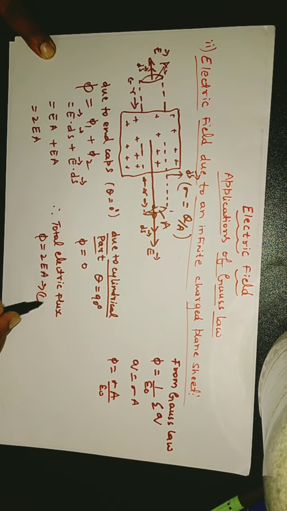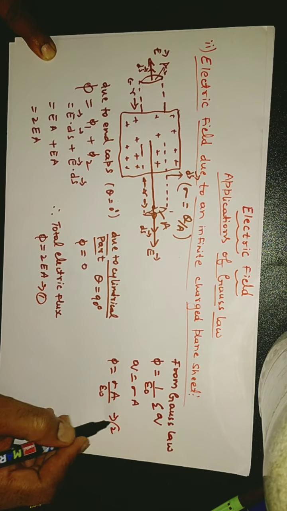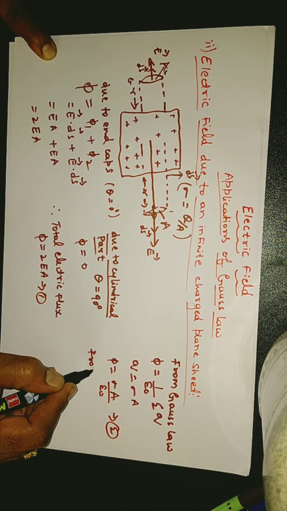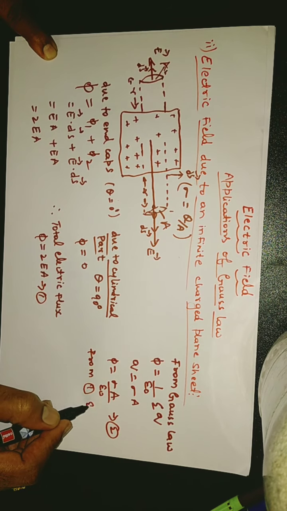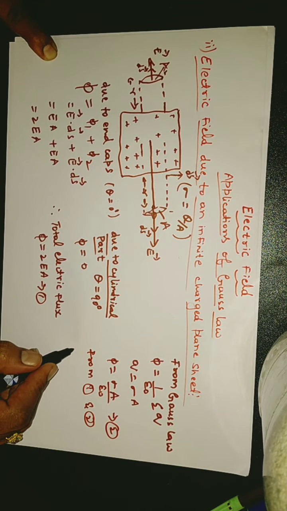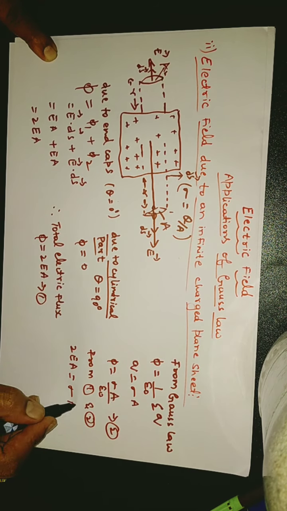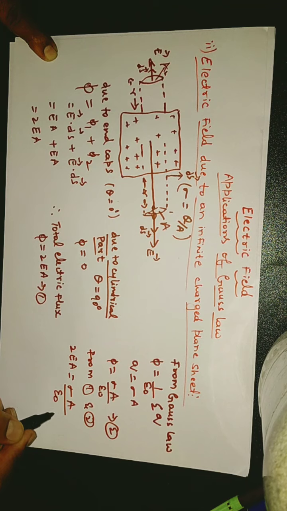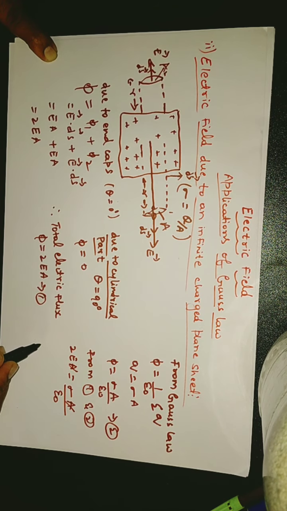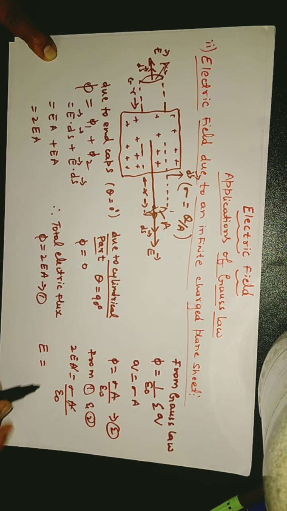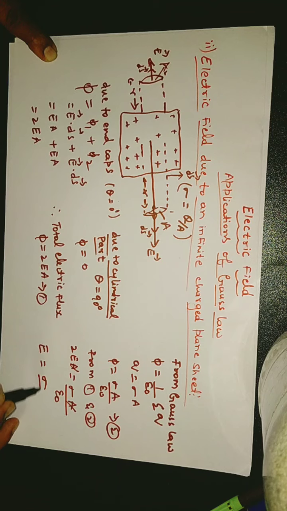Let this be equation 1 and this be equation 2. Comparing 1 and 2, you find that 2 times E into A is sigma A by epsilon naught. So A gets cancelled. So electric intensity or electric field at point P is equal to sigma by 2 epsilon naught due to this charged sheet.